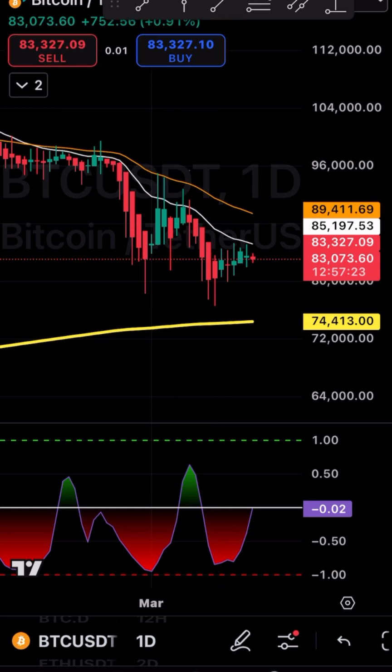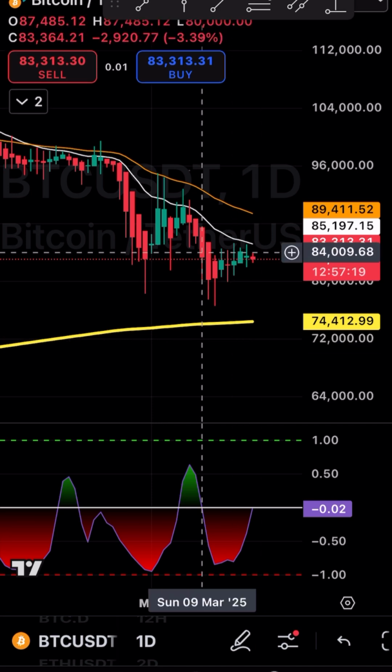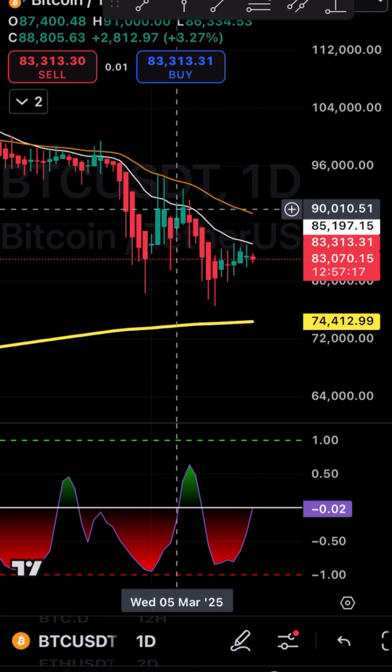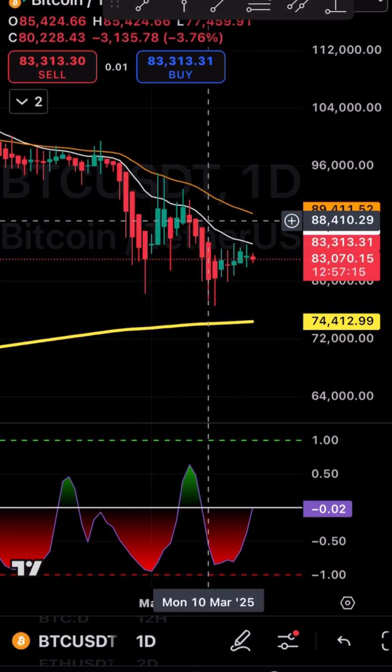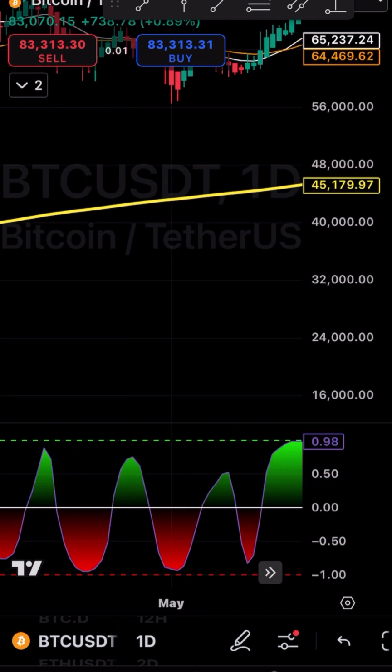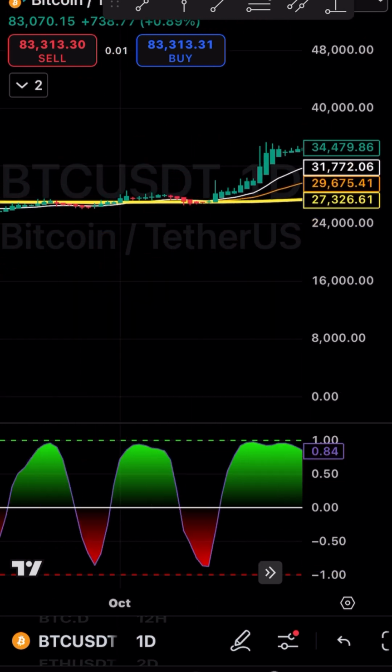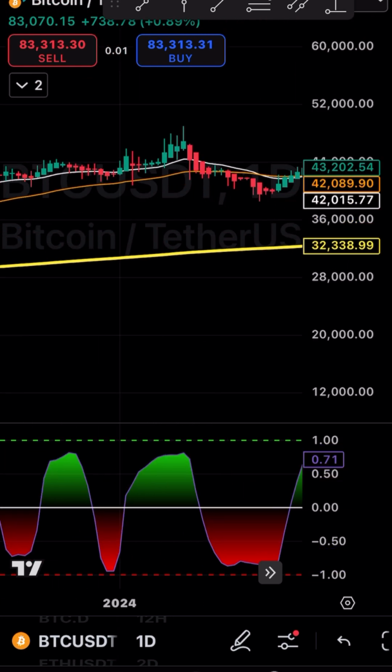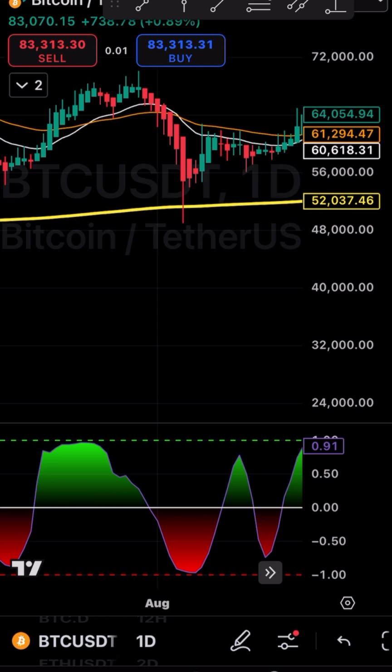So before you make that decision, make sure your lines are not facing down, because right now the overall direction is up, because the last time it crossed was right over here, even though right now we're in a pullback.